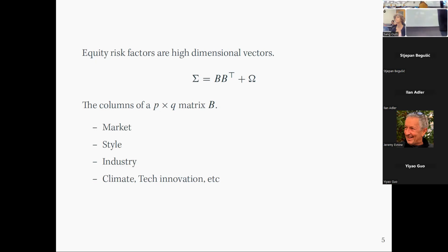Q is going to denote the number of risk factors. And by risk factors, I literally mean high dimensional vectors that stack the columns of that matrix. They're called market risk, different style factor risk, industry risk, climate, tech innovations, and so on. So ChatGPT is perhaps a risk factor for various parts of the financial sector.